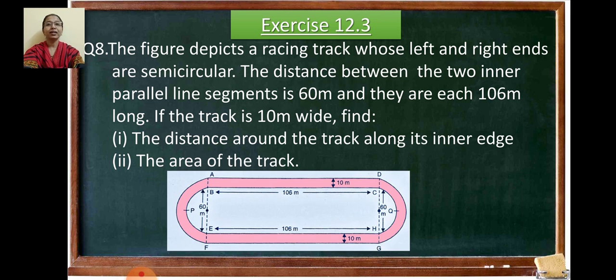So what will be the radius? 60 divided by 2, 30 meters. So if I join these two semicircles together, they will form a complete circle. You just find the circumference of that circle and add to the previous lengths. You will get the length of the inner edge. So let us proceed.